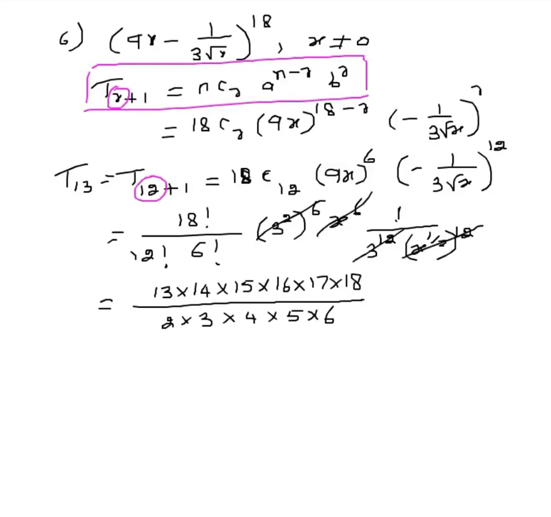X raised to 6 and x raised to 6 are getting cancelled. Let us simplify this. 6 3s are 18, 2 4s are 8, so it goes 2 times. 5 3s are 15. 13 times 14 times 6 times 17, which is 18564.